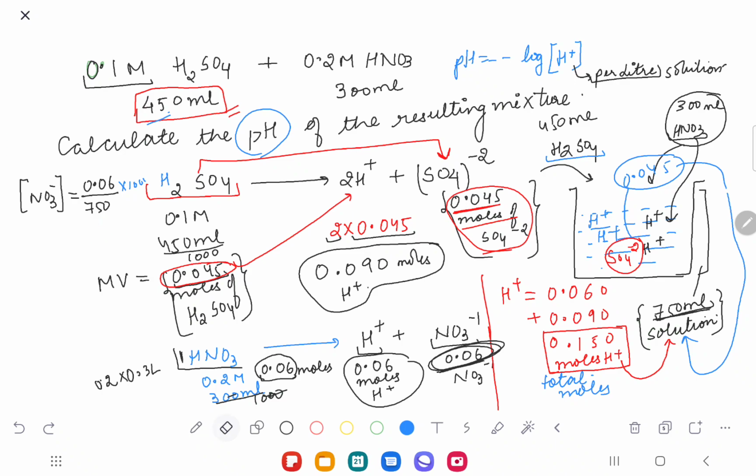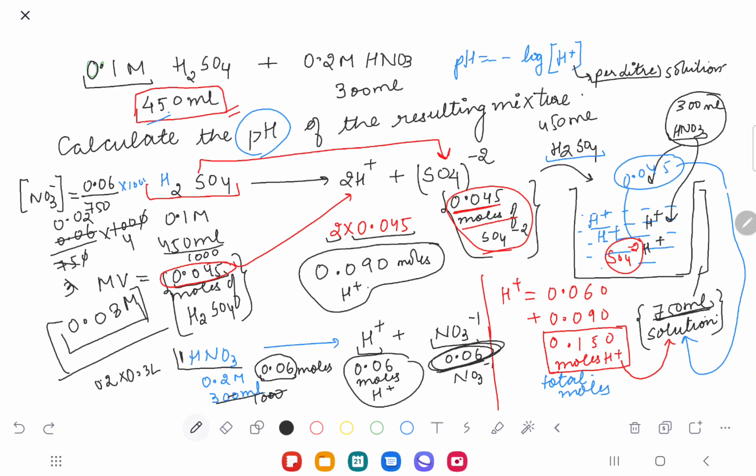Yes or no, Aditi? So that is the concept. So what would that mean? It would be 0.06 over 750 into 1000. So 0 cancels 0, 25 times 3, 25 times 4. You again get the same value. It is 0.02. So you get 0.08. Yes or no? So that's my molarity for nitrate ions. Are you understanding?